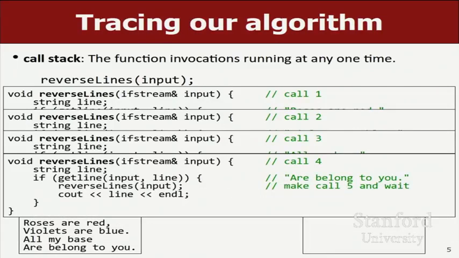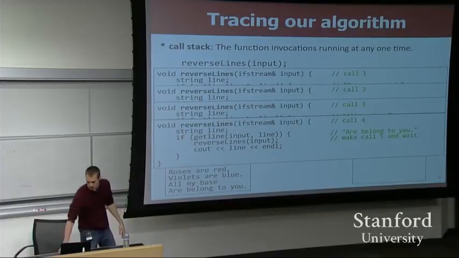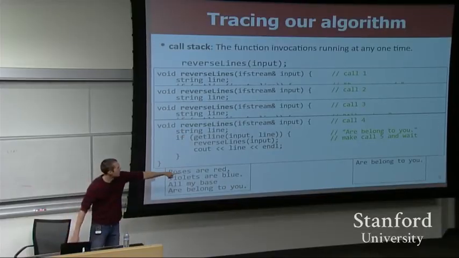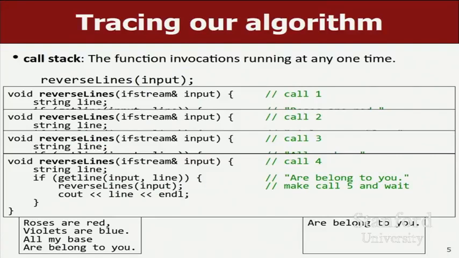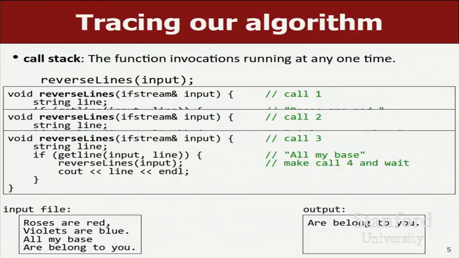At this point, keep in mind, no output has been printed yet. We've gone back from the fifth call, which failed, to the fourth call, which was holding a string of R belong to you. Now we've come back, so we do this, which prints R belong to you on the output. Now this call is done, so this exits back to here.